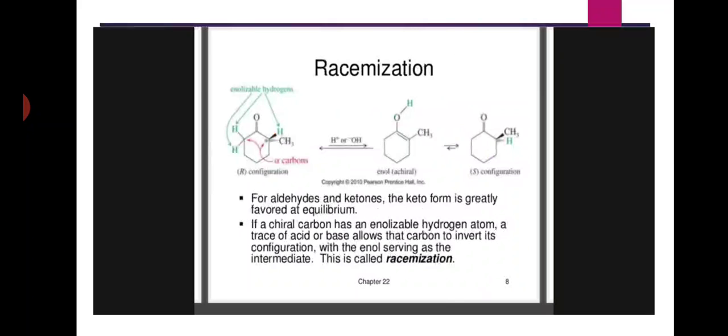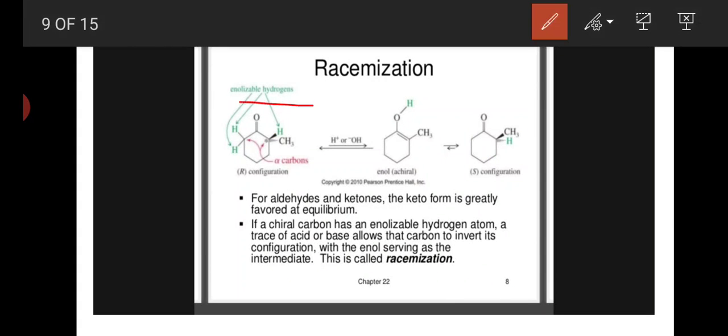Next is racemization. Okay, here these are the enolizable hydrogens. This is our configuration. After the reaction, this form is enol form, this is keto form.